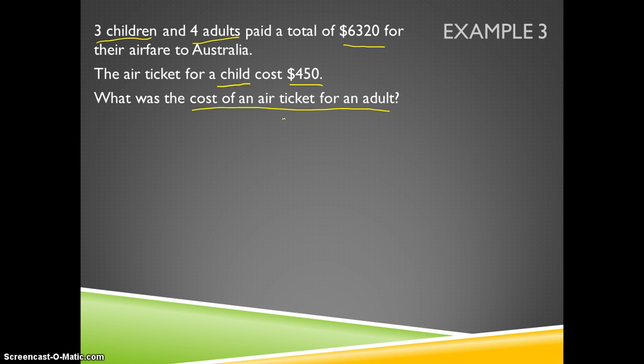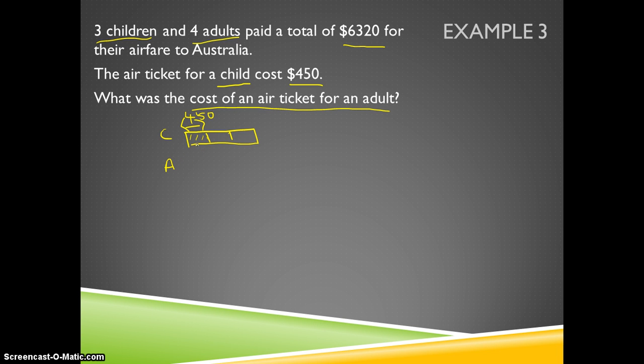Again, we represent the cost of 3 children's airfare with a short bar consisting of 3 small equal units. So children will be 3 units, and each child is 450, so 1 unit is 450. Now the adults will have 4 large equal units.